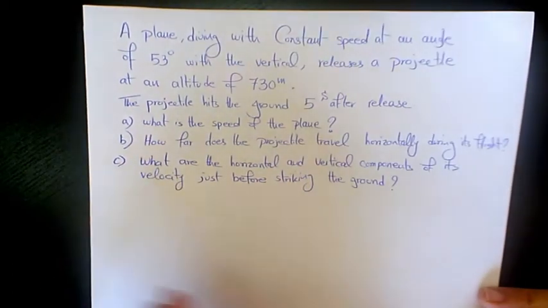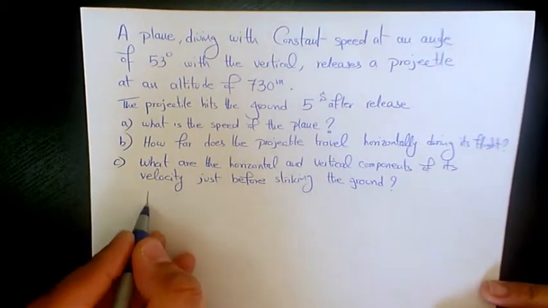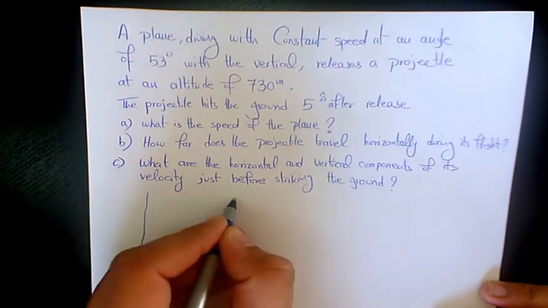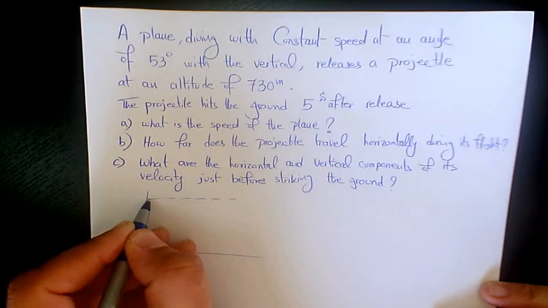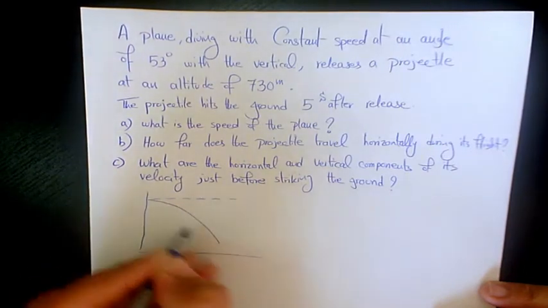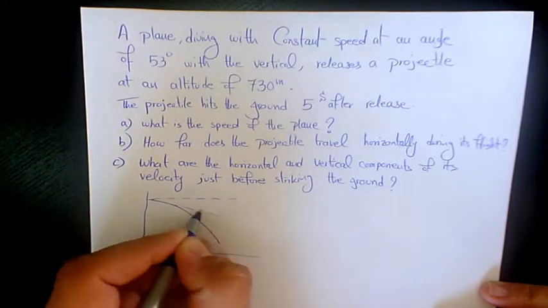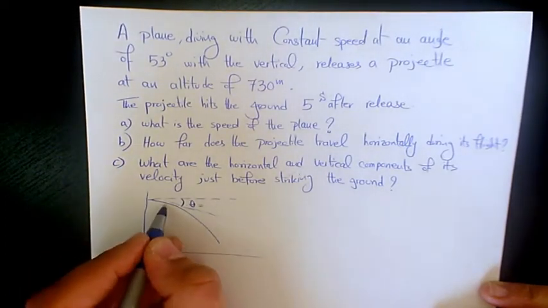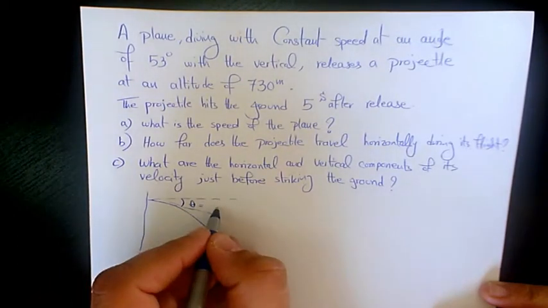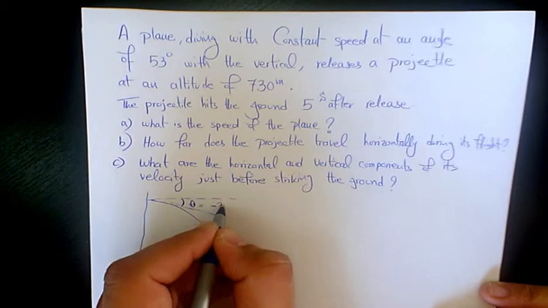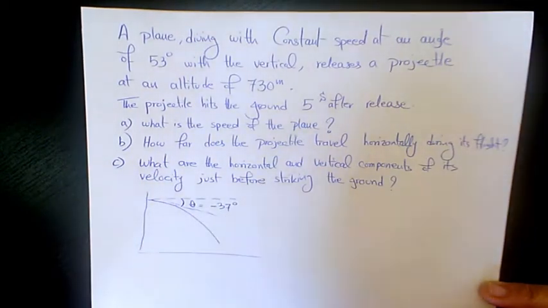So the first thing we need to do is draw something like that. And this angle is going to be, since this one is 53, this one is going to be 90 minus 53, which is going to be negative 37 degrees.